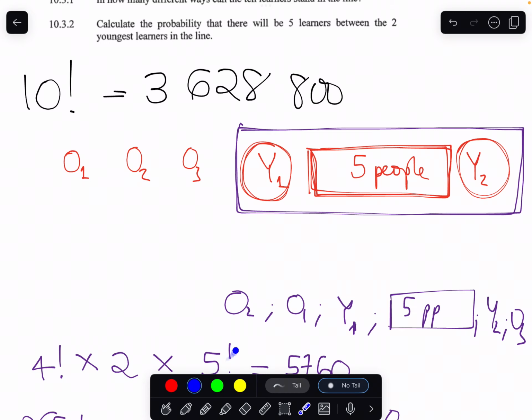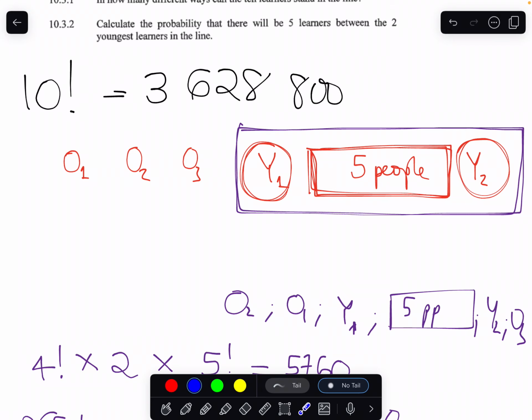And then the times 5 factorial is now saying for each of the arrangements of the items, the 5 people in here could be shuffled. Okay, but now what it's not counting is the fact that these 5 people are not fixed. We can choose the people that go into the block or the people that stay outside here, those people are changing.